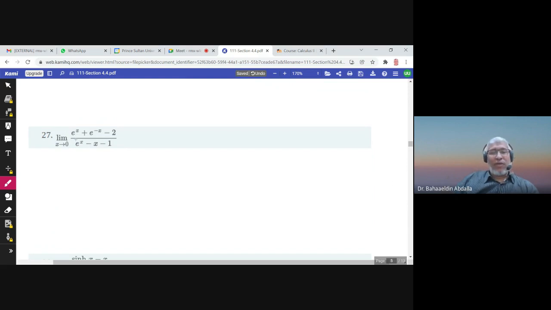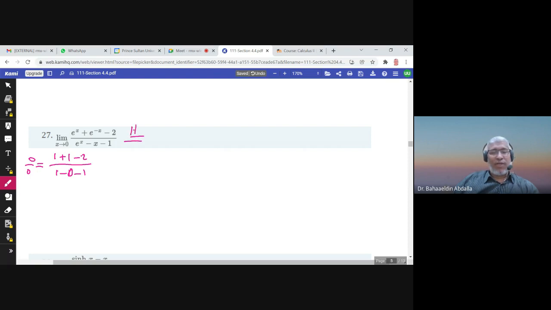e to the power 0 is 1, and e to the power negative 0 is 1. Minus 0, x is 0. So I have 1 minus 1, I have 0 over 0.